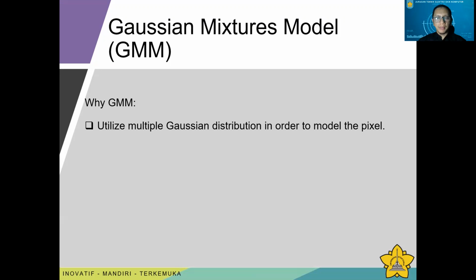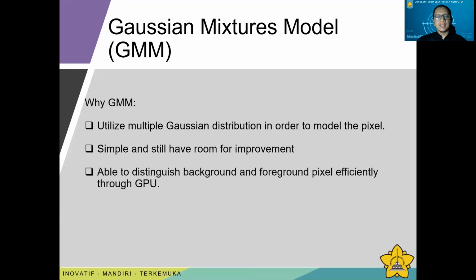GMM proposes multiple distributions to model the pixels instead of a one-dimensional Gaussian distribution. Using multiple Gaussian models, we can successfully distinguish which pixels should be regarded as background pixels and which as foreground pixels.